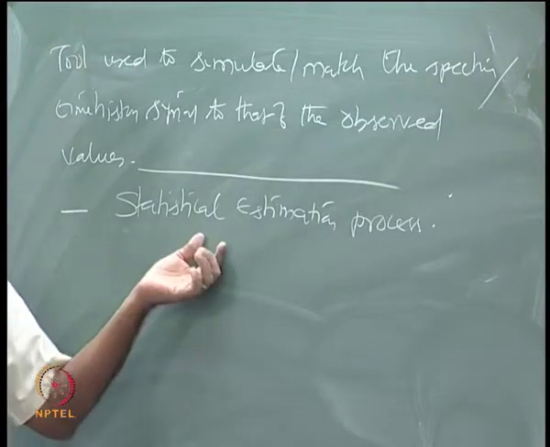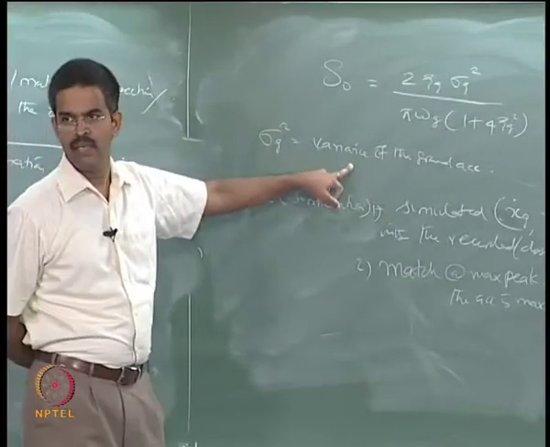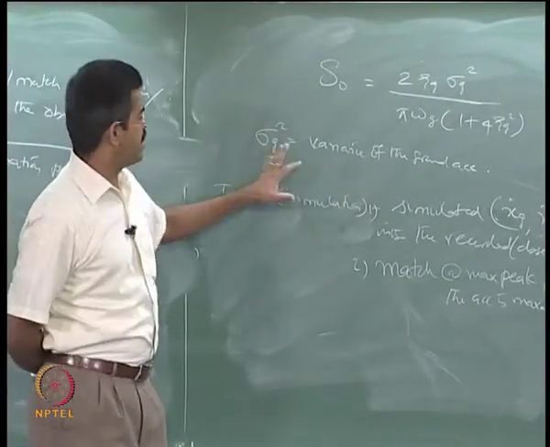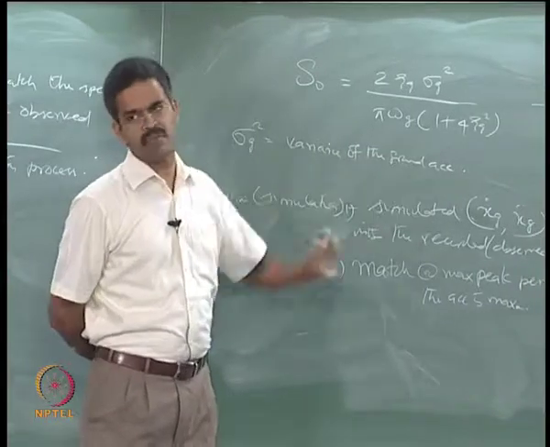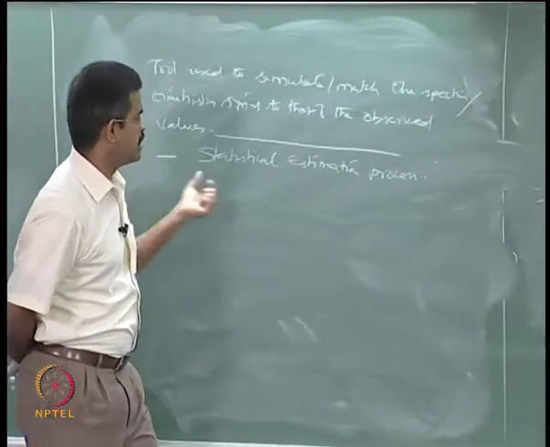Why statistical? S0 depends on the variance. Variance can be obtained only when you have a statistical parameter. So it should depend upon a statistical estimation process.